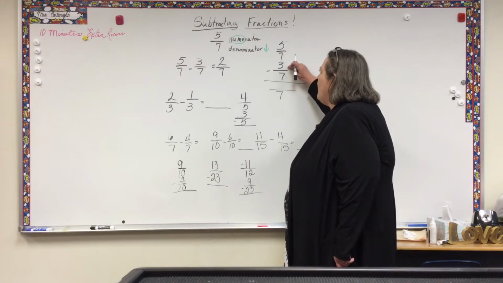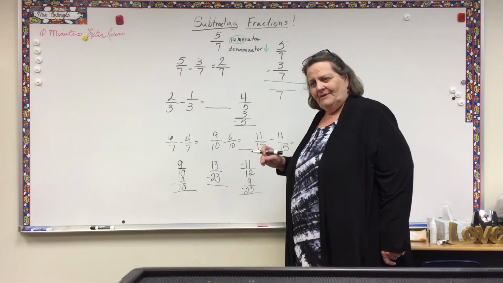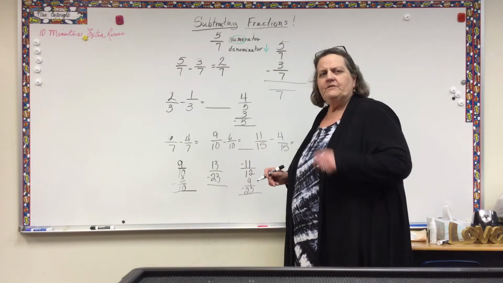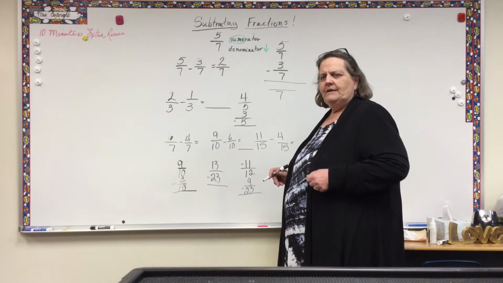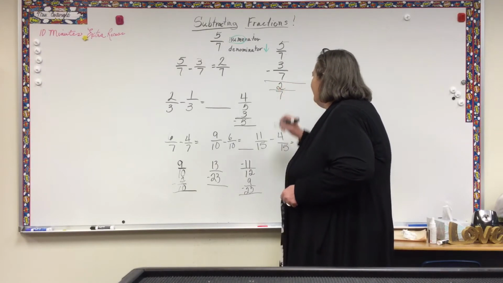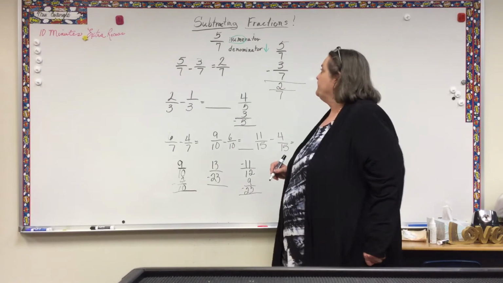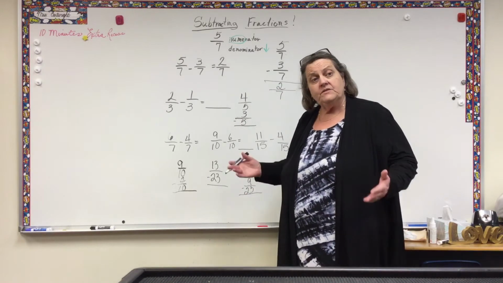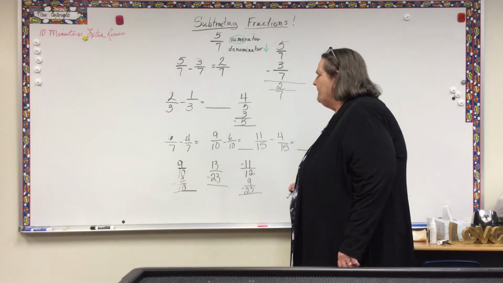So we go from the bottom to the top, remember? So 3 from 5. How much is 5 minus 3? Yes, 2. So we write that on the numerator in our answer. So 5/7 minus 3/7 is 2/7, okay?